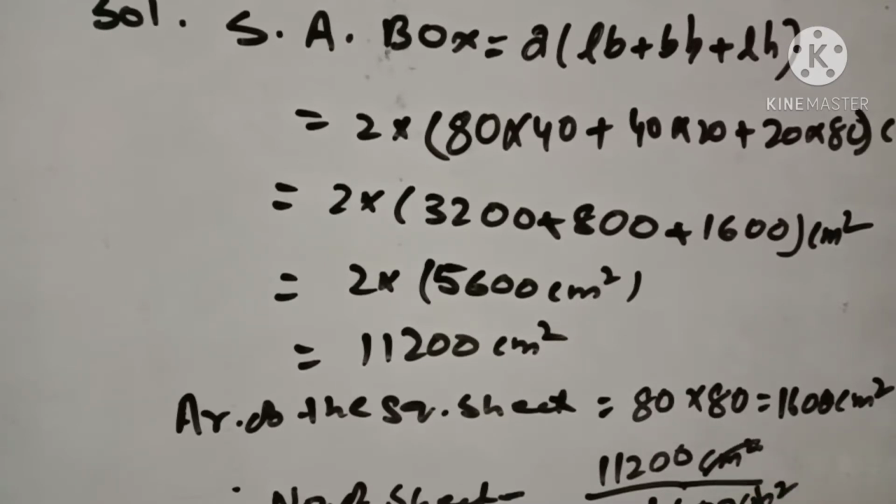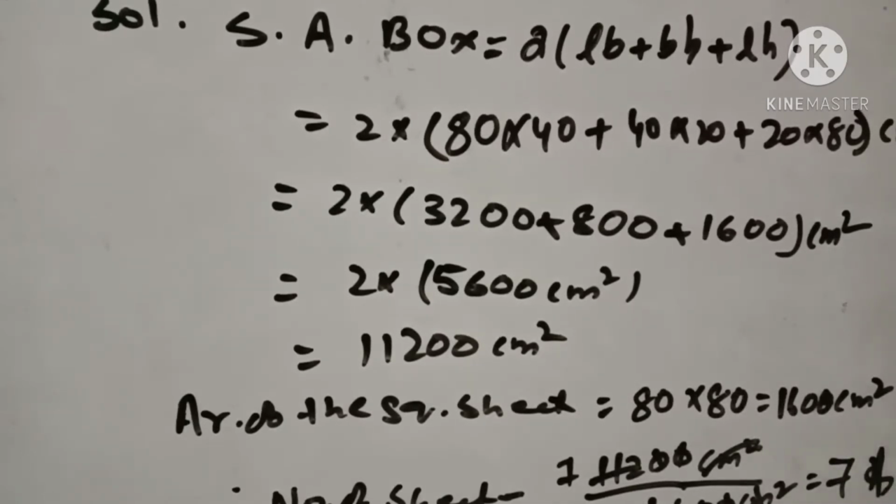So this one is gone, 1 2 1 2, and it will go by 7. So therefore 7. Now how many sheets do we need? 7 sheets. Come on, write down.